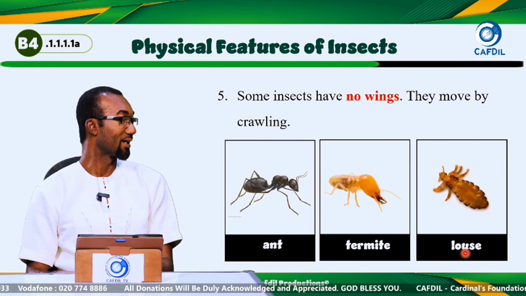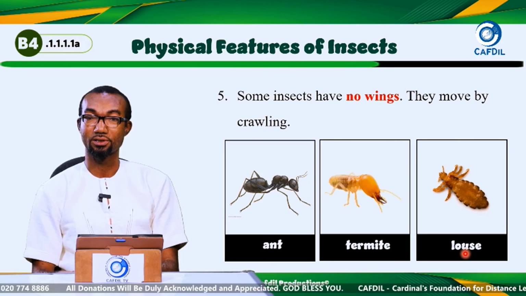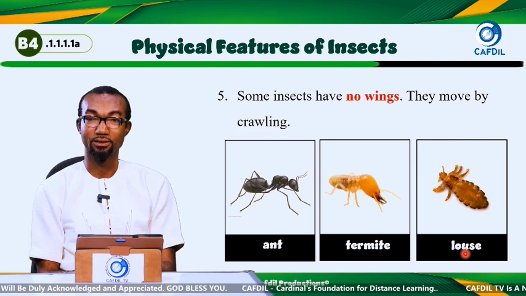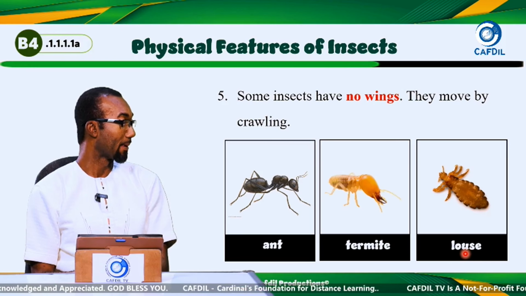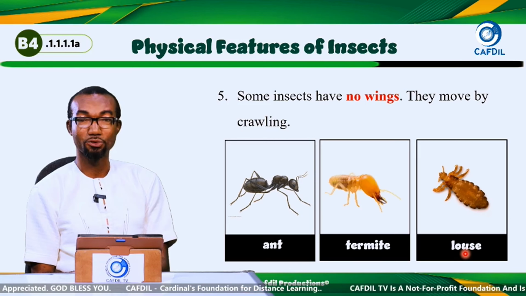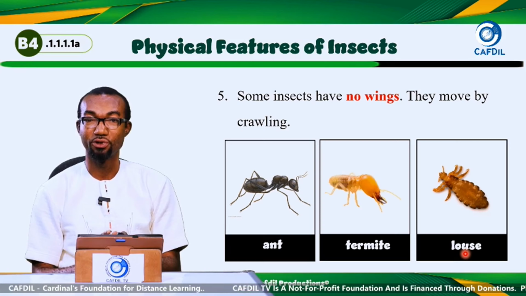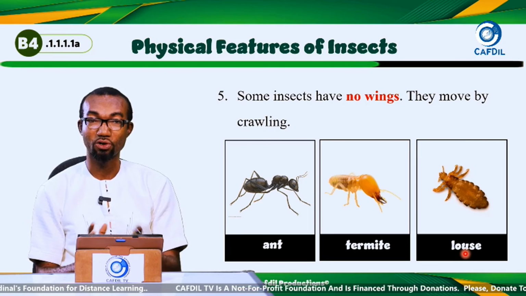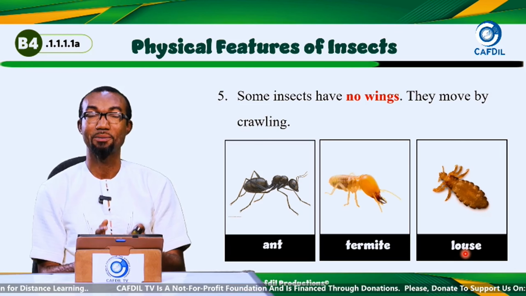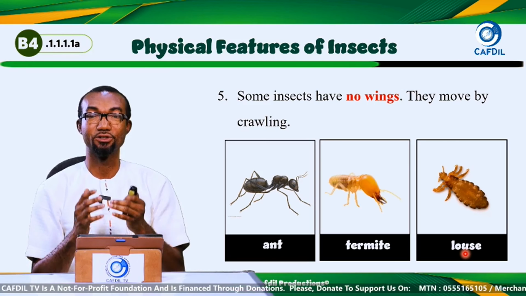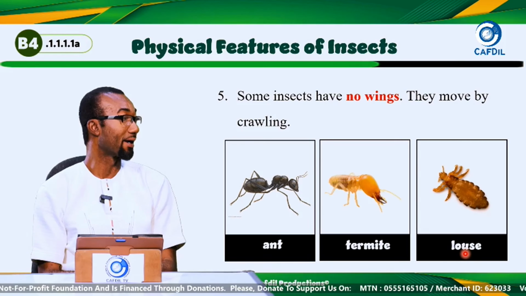And if you look at the louse, we normally see them in the scalp of our hair. So these examples of insects do not have wings. They move by crawling. So not all insects have wings. Some have wings that they use to fly. Some too do not have wings. They move by crawling.